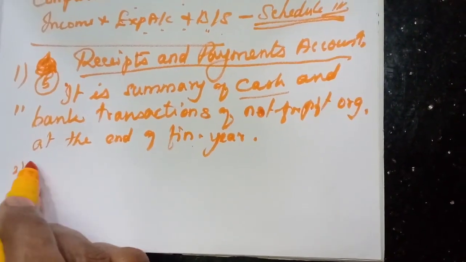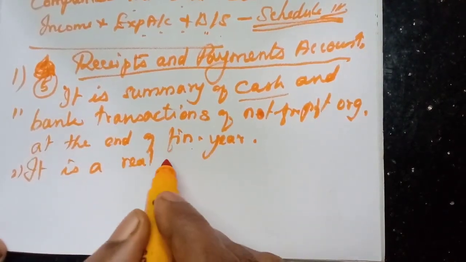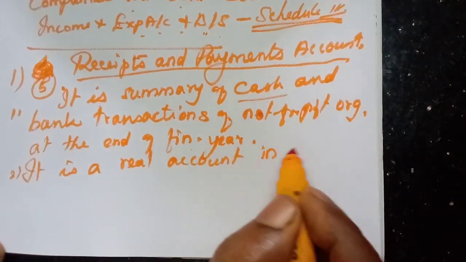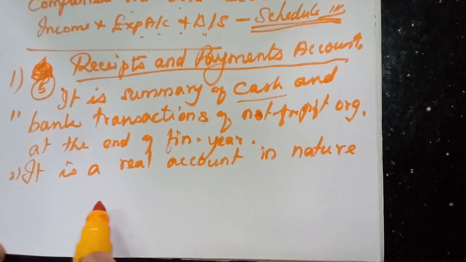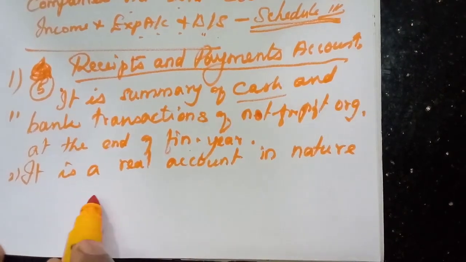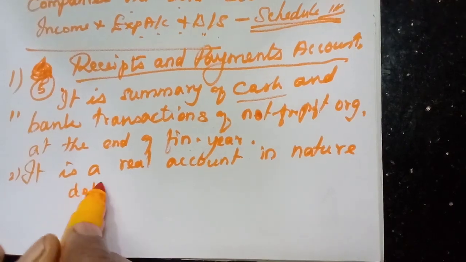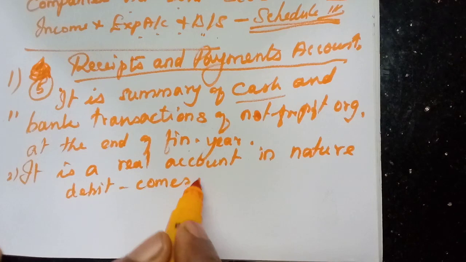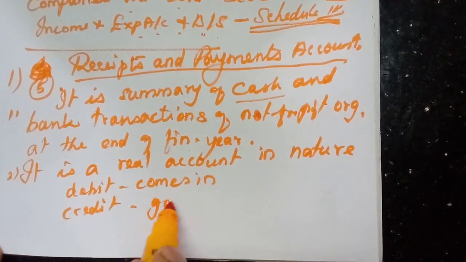It is a real account in nature. You know the rules, isn't it? What is the rule for real account? What should be debited? What should be credited? Debit what comes in, credit what goes out.